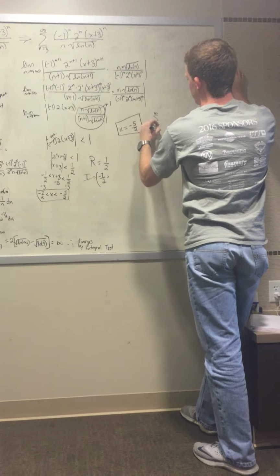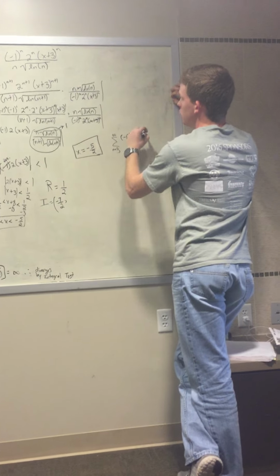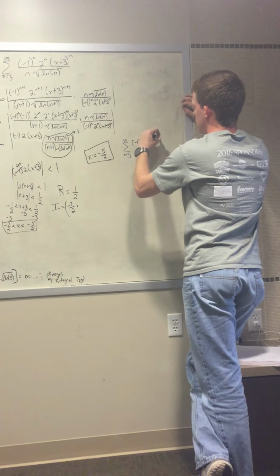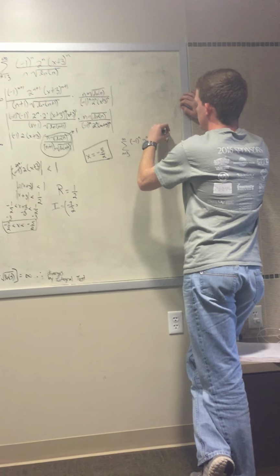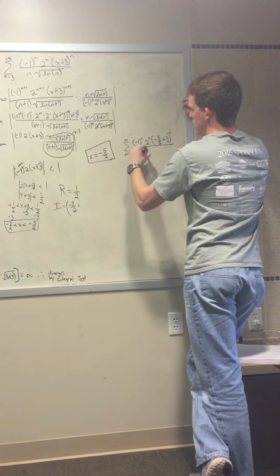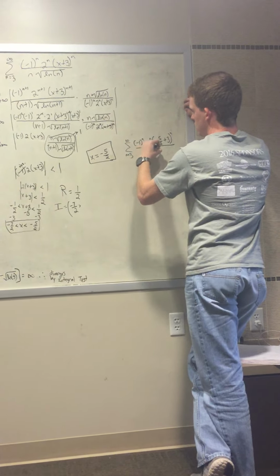The sum from n equals 3 to infinity of (-1)^n, 2^n, (-5/2 plus 3)^n over n square root natural log n.